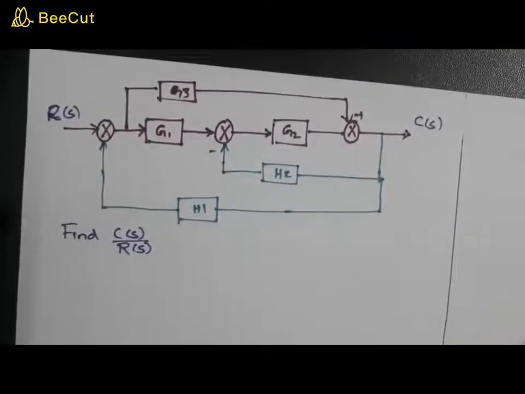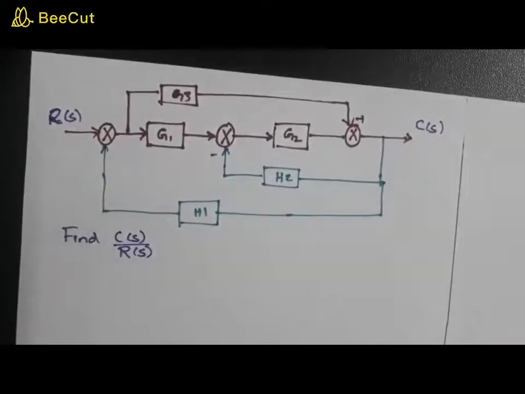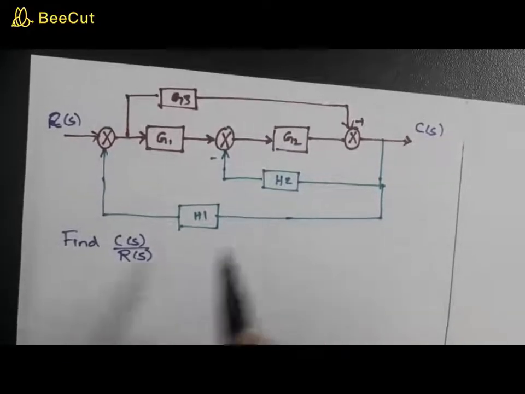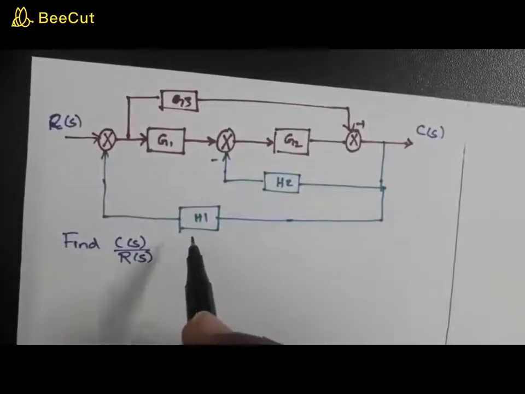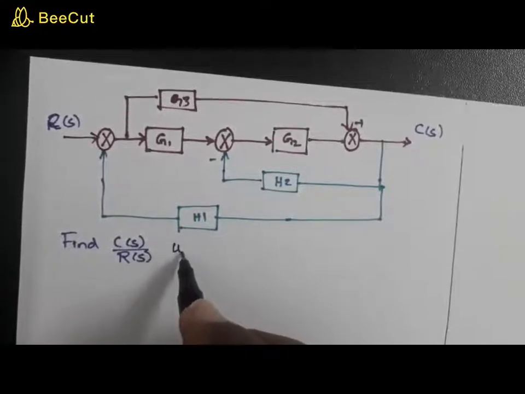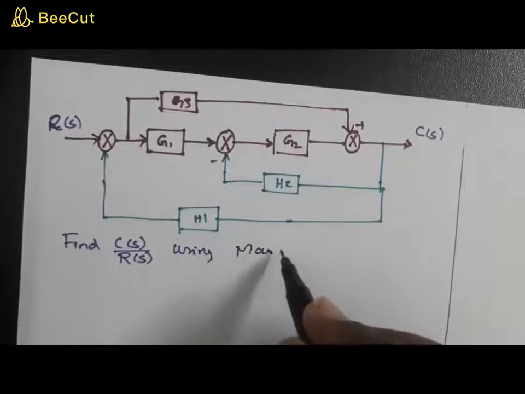Okay, so here you have a block diagram. We are going to find out C(s) by R(s). This is the block diagram which we did in the previous video. So hope you might be remembering that using Mason's gain formula.